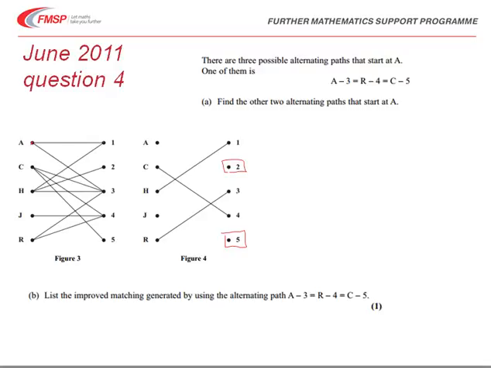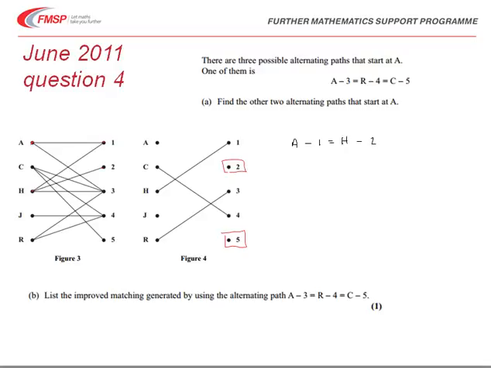So one of the alternating paths is from A to 1 to H to 2. So let's write that one down. We can have A, which is not currently matched with 1, but 1 is matched with H, which could then go to 2. So there's one of the paths.